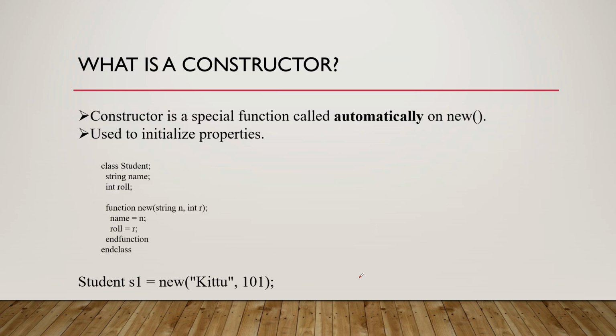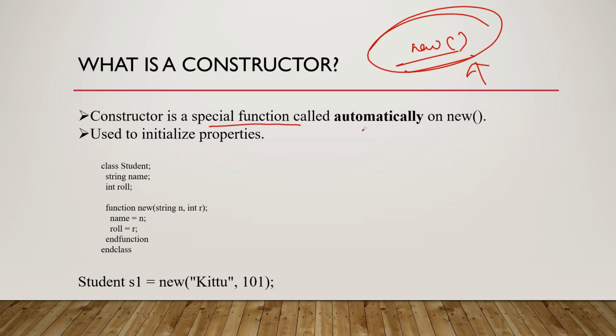Now, what is a constructor? I have explained what new is. New is what we use to allocate memory, so that is nothing but a constructor. Your constructor is a special function called automatically on new. Whenever we call new, it will automatically invoke your function new.